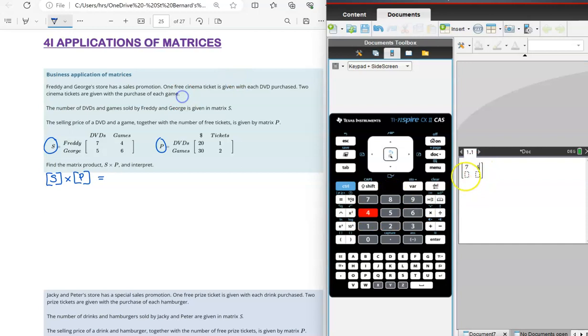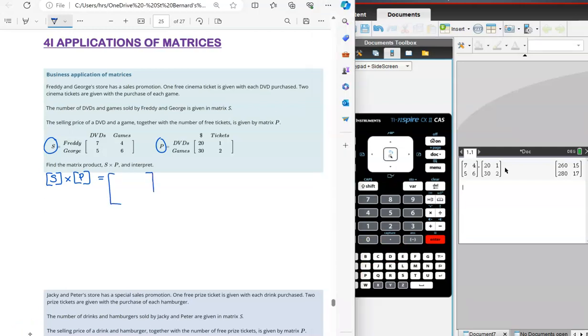I've got 7, 4, 5, and 6, and then I'm going to multiply it with P, which is 20, 1, 30, and 2, and press enter. And there's my solution. So let's write out our answer: 260, 280, 15, and 17.